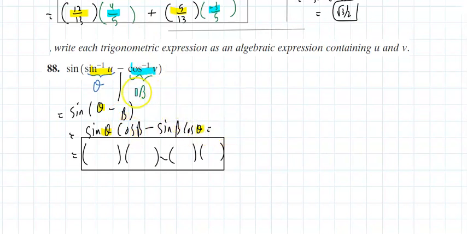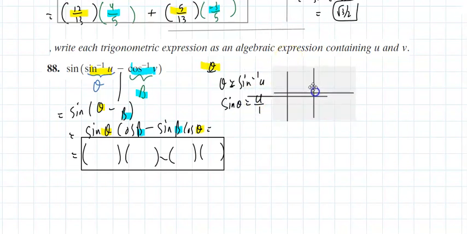Okay. There we go. So as far as theta is concerned, I let theta equal the inverse sine of u. That means the sine of theta must have equaled u over 1. And if I draw my triangle, I realize that they didn't tell me whether u is positive or negative.